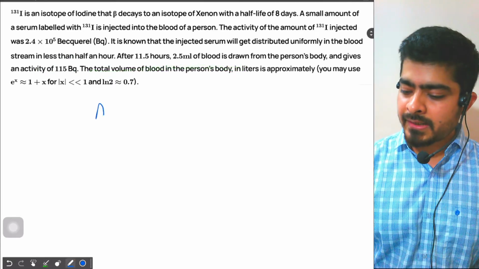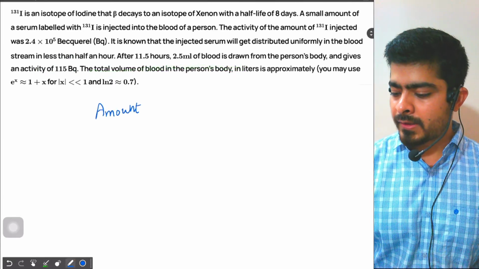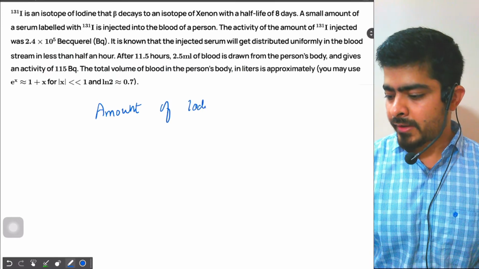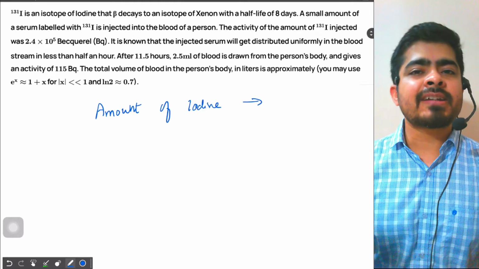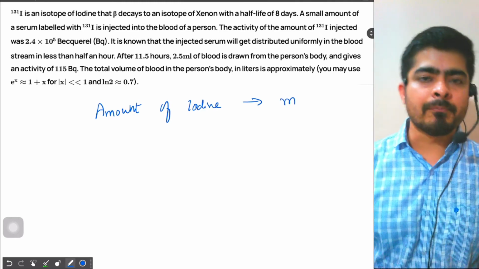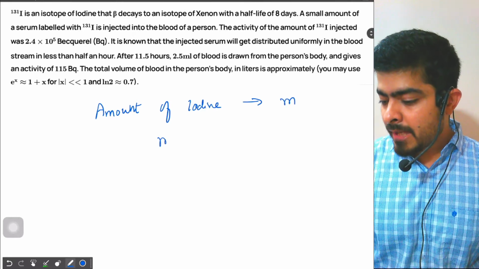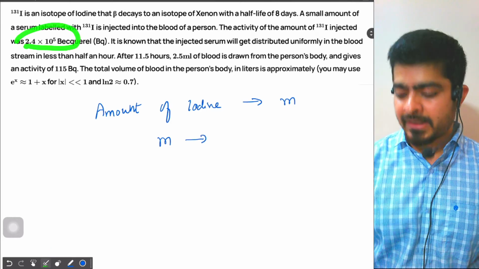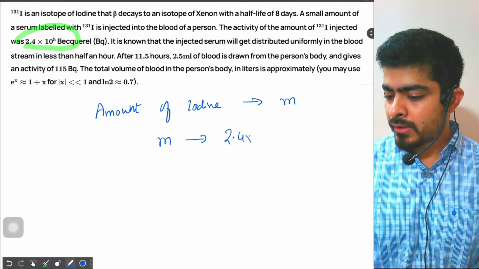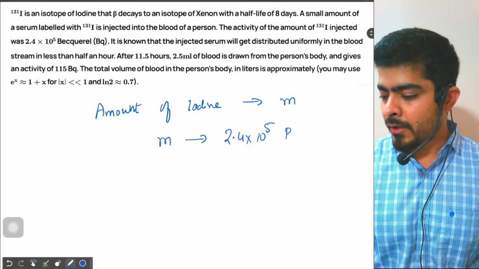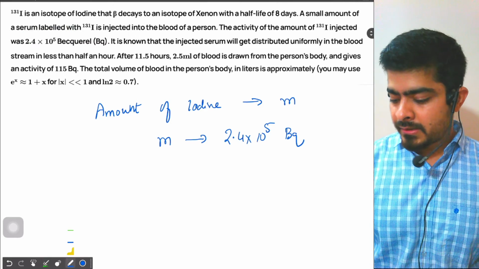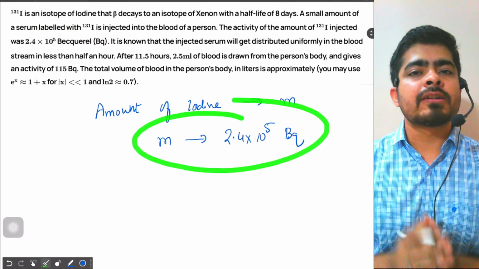So let's say that the amount of radioactive iodine injected into the person's body will be M. This M amount of iodine is giving initial activity of 2.4 into 10 to the power 5 Bq. Also, this iodine is distributed throughout the blood.